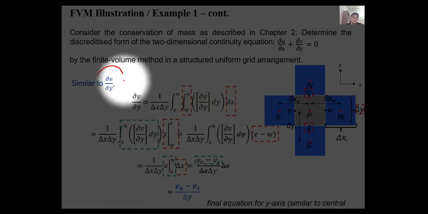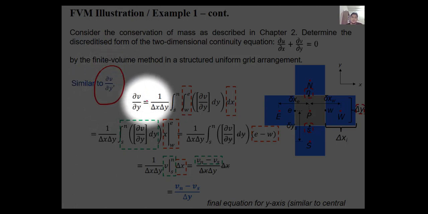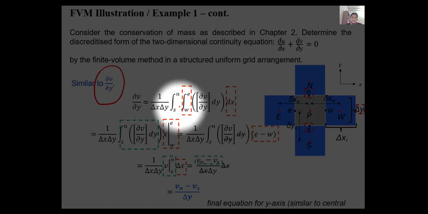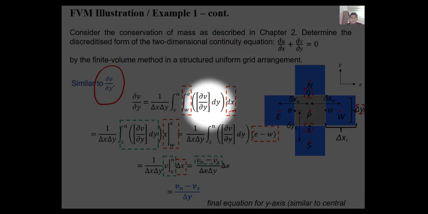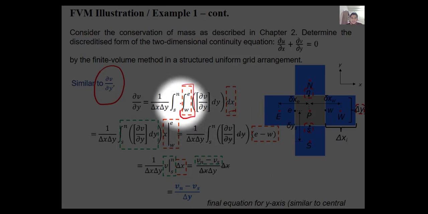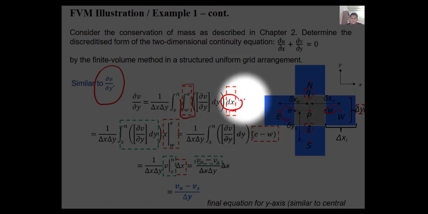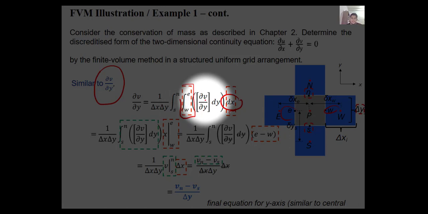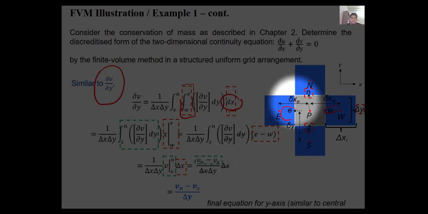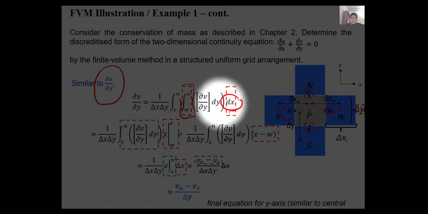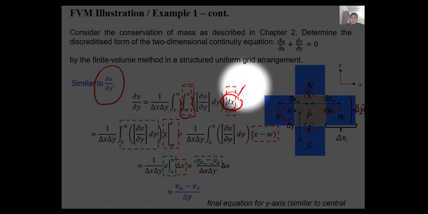for the y direction, partial v over partial y. So for partial v over partial y, we do exactly the same. We arrange the integral, for example, in this case, east and west with the x, on the x direction. So you solve it first. You see, x will bring you only x.